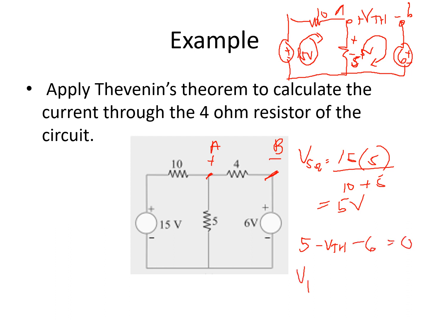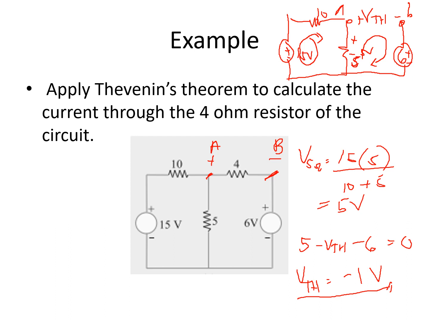So solving for VTH now, we have negative 1 volt. So what do we mean by negative 1 volt here, class? The negative 1 volt means that the terminal B should be positive with respect to terminal A.